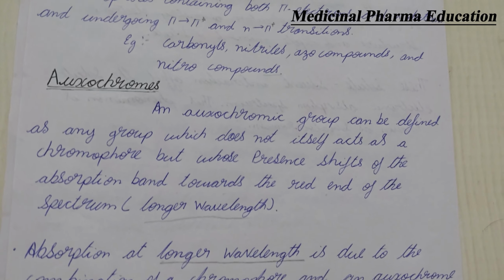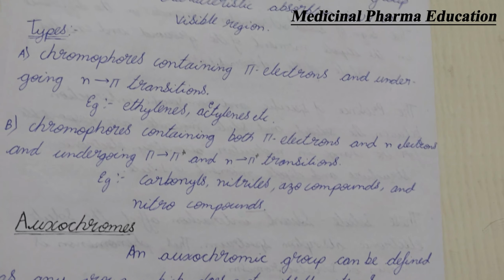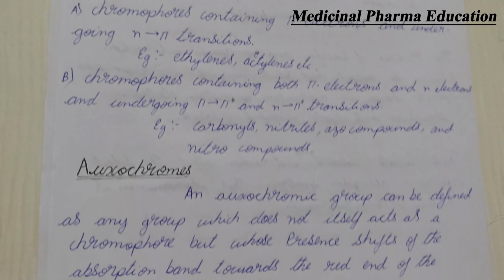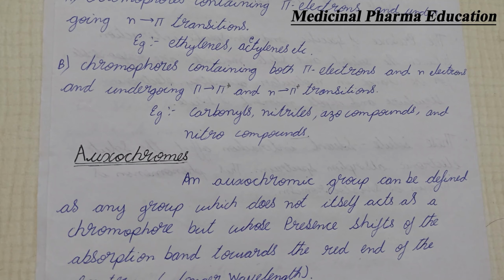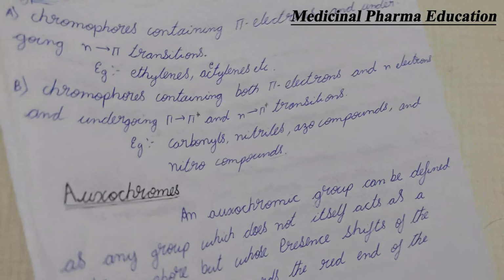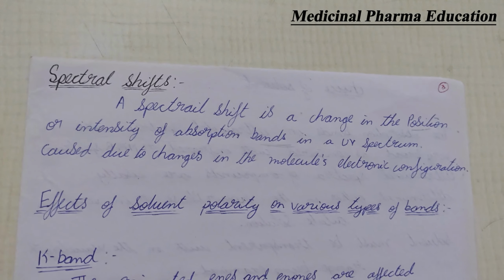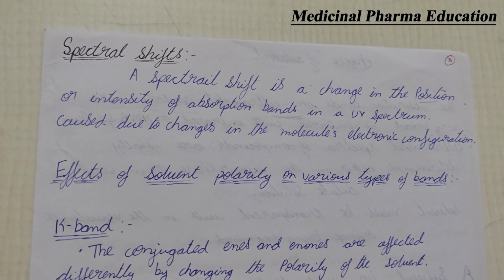This is the basic concept of chromophores and auxochromes. Sorry for mispronunciation. In the next video we will complete UV visible spectroscopy, and you can see the notes. You can just see the notes, copy the notes. If you want, you can read these topics, or you can leave it.